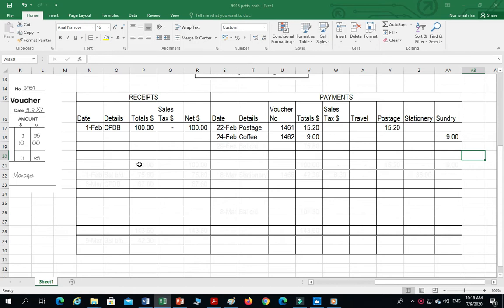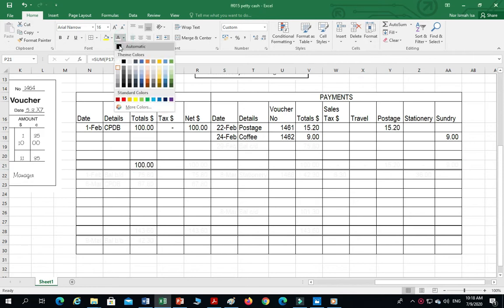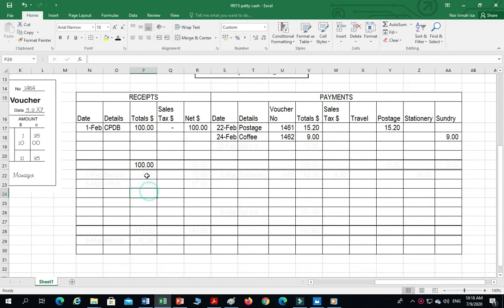So we make the balancing for this petty cash. This is the total for receipt, and the total for the net amount is 0. This amount is carried to the total of payment.